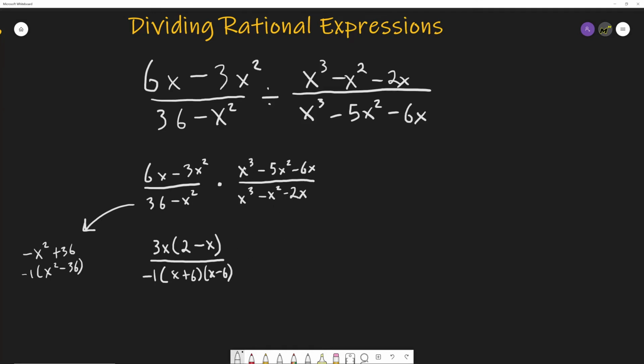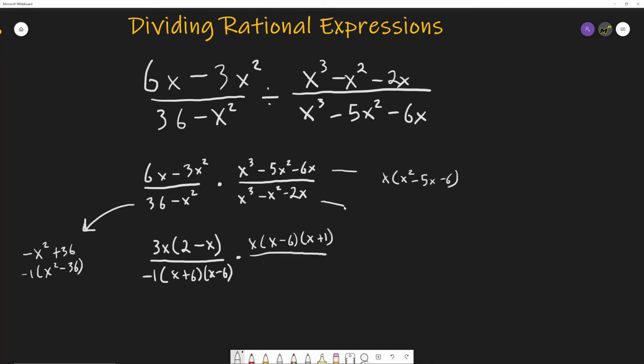On the top right, it looks like we could take an x out of both terms. So this one would become x times x squared minus 5x minus 6. And now we're thinking, what multiplies to negative 6 and adds up to negative 5? Don't forget about the x in front, but that's going to be x minus 6 and x plus 1.